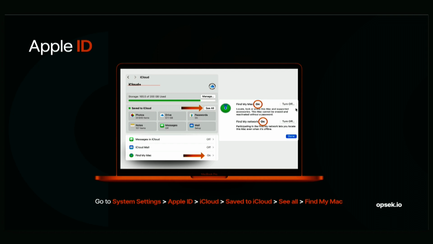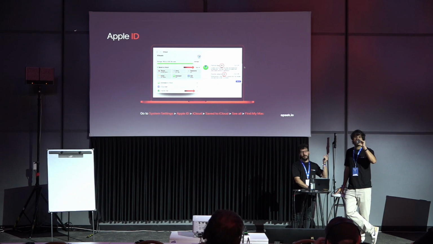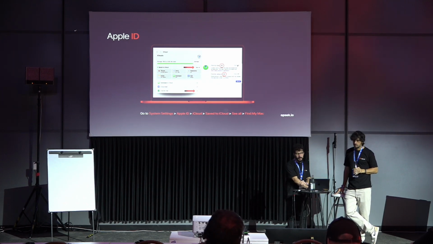So when you enable FileVault, the feature that allows you to encrypt your whole disk, you will be able to, from another device connected to your account, encrypt your whole device, and no one will be able to use your stolen or lost device.